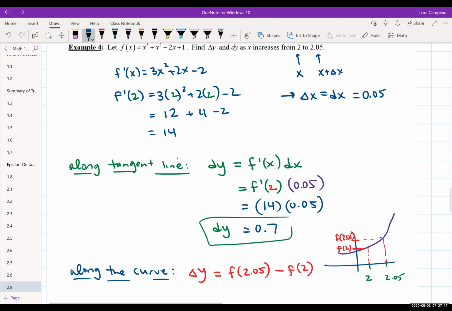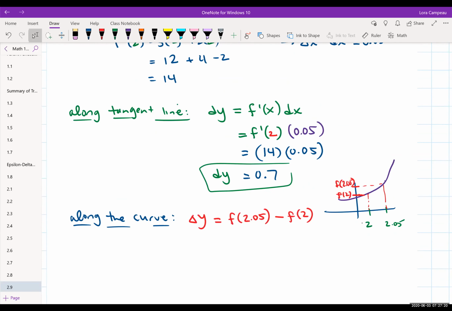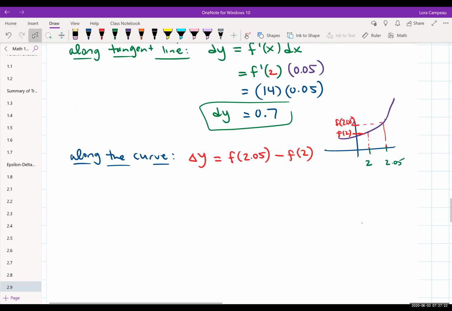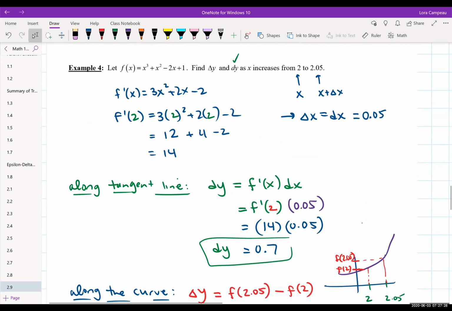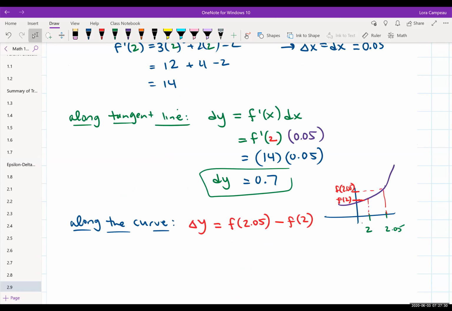It's not too horrible, but maybe I'll use my TI. I mean, we have to use the TI anyways, but I'm trying to say, is it going to cause me more issues to actually do the calculation, or do I want to guarantee my accuracy?